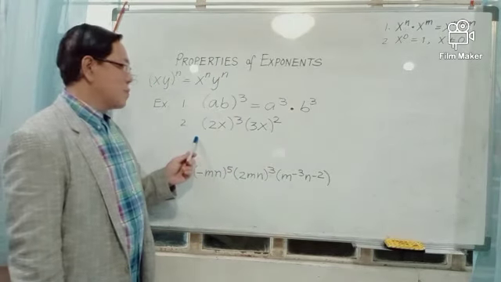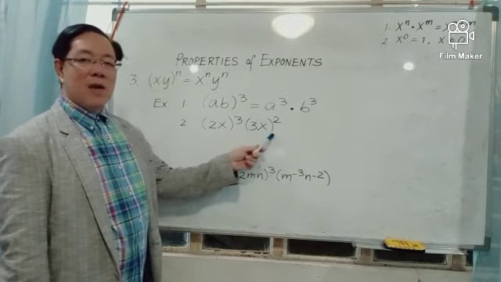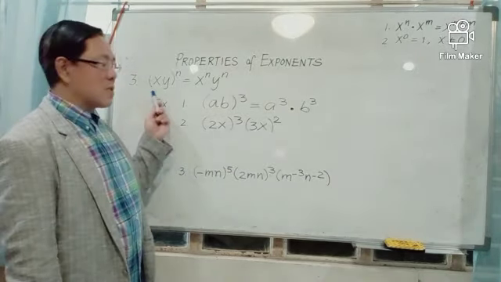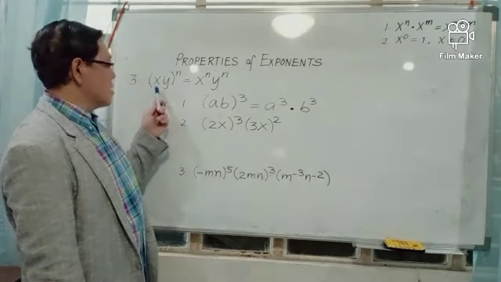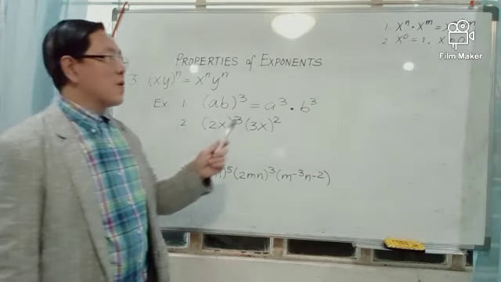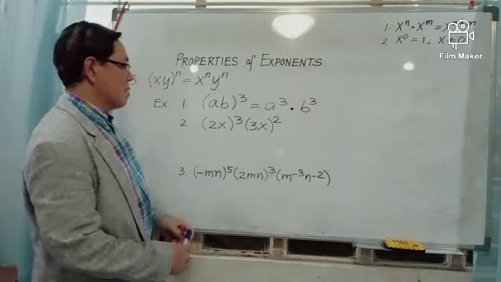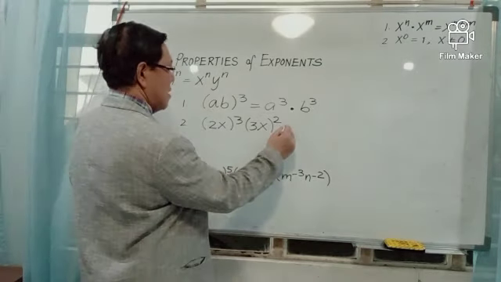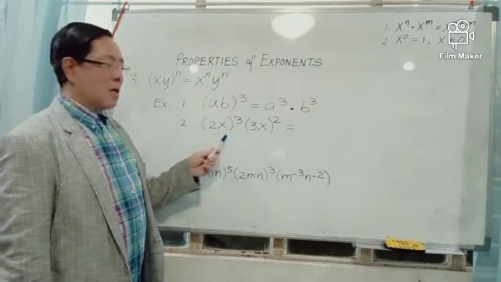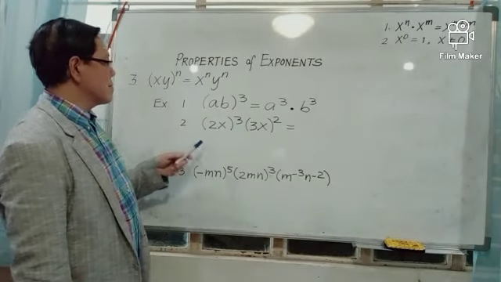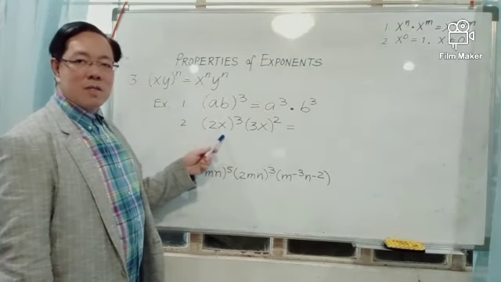In number 2, we apply to each of these factors the third property of exponent, and after we apply the third property, we simplify further by using the first property of exponent. Hence, in this factor at the left side, 2x to the power 3, your x is 2 and your y is x.